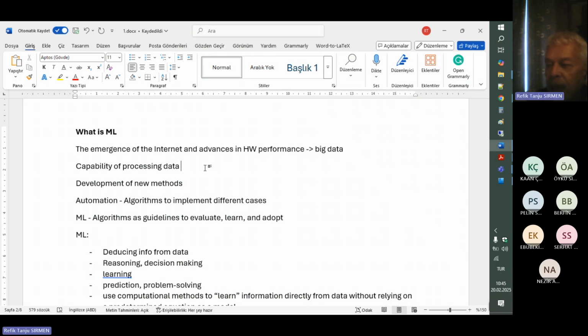And again, collecting data is not enough. You should have sufficient hardware resources for that. It also triggered the hardware companies to work on hardware technologies further. They also invested in that area.